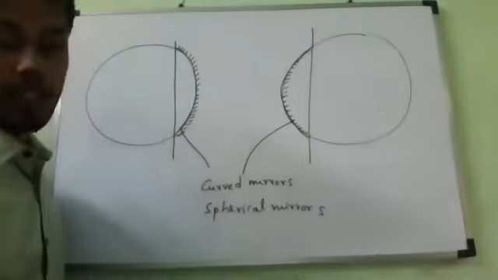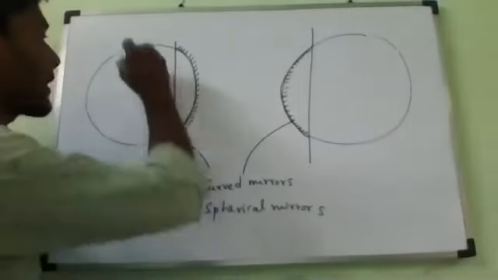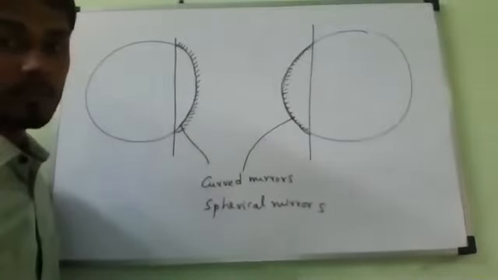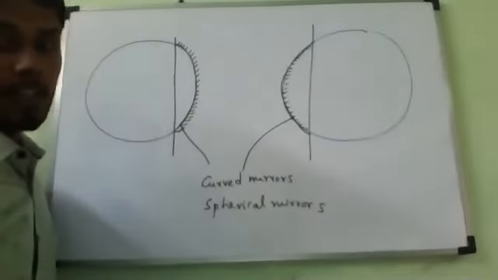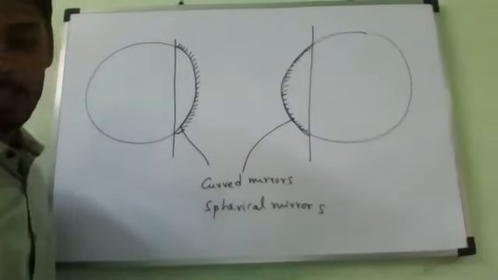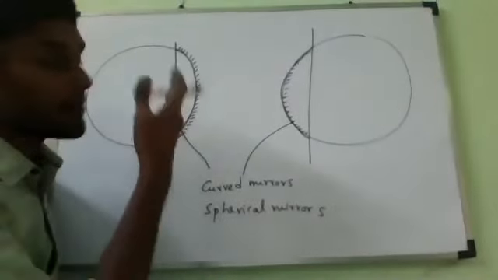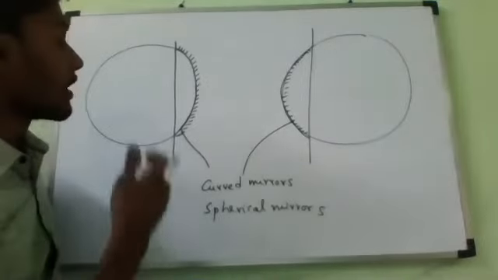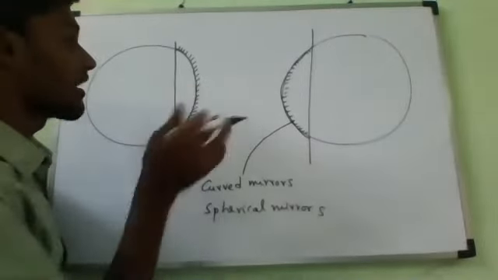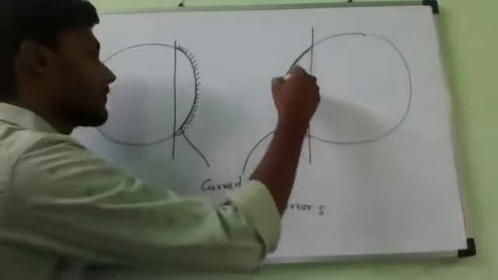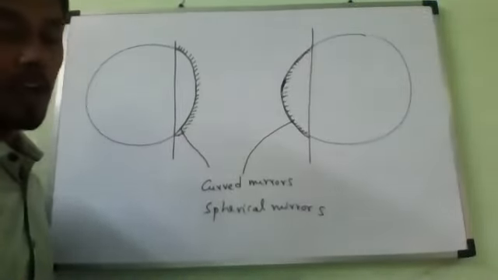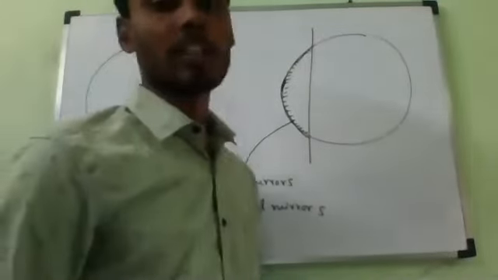What does a spherical mirror mean? It is just a part of a hollow sphere of glass. Yes or no? If you slice some part of the hollow sphere of glass and shade it on either side, inside or outside, depending on the non-reflecting surface, it turns into a type of mirror called a concave mirror or a convex mirror.